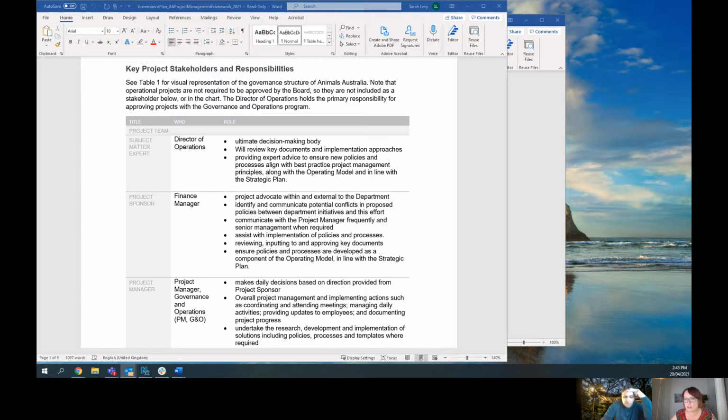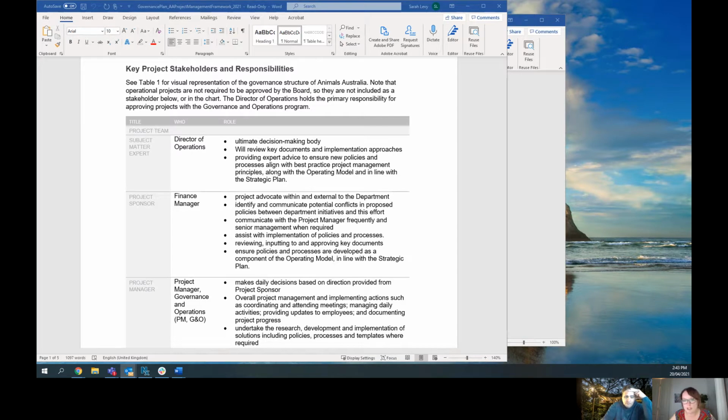And obviously ensure that the framework is being developed as a component of the operating model in line with the strategic plan. So that's obviously something that you're across more than I am with the operating model, and so definitely need your help with that part of the implementation to really understand how it fits into the other processes and policies that we're working on this year at the same time.